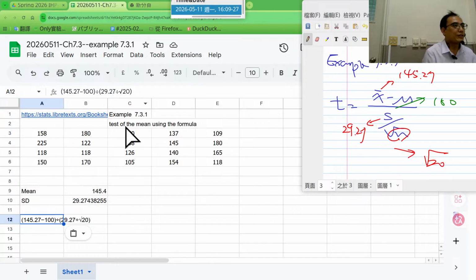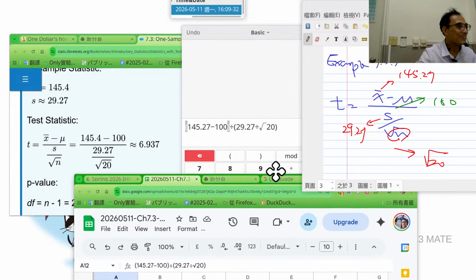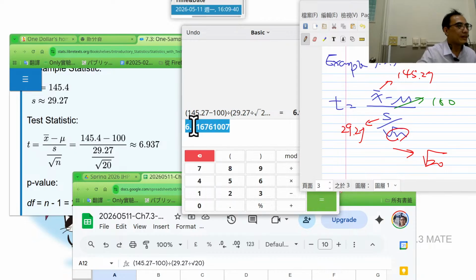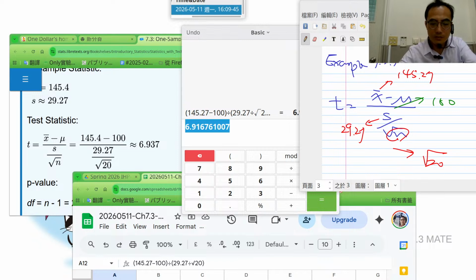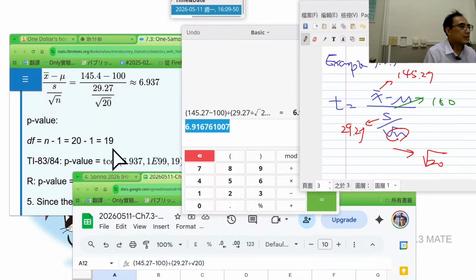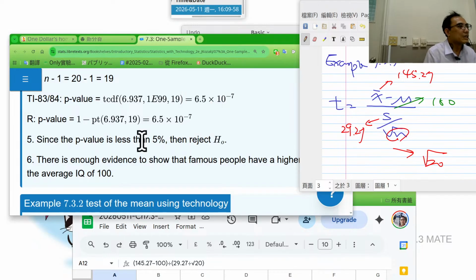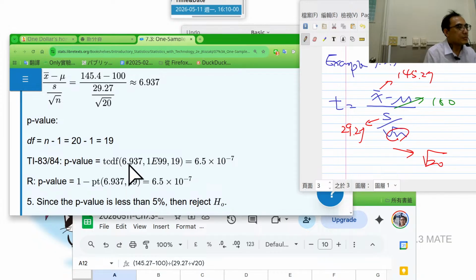Okay, then where is my calculator? Where is my calculator? Okay, and press enter, and the number is 6.937.